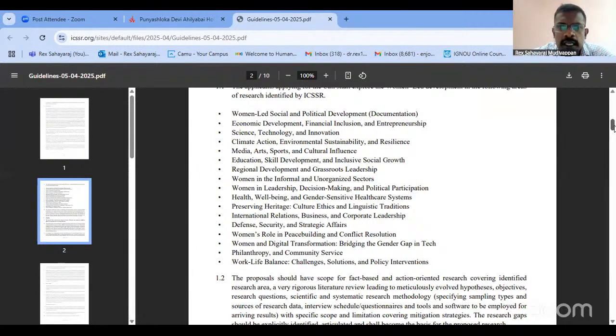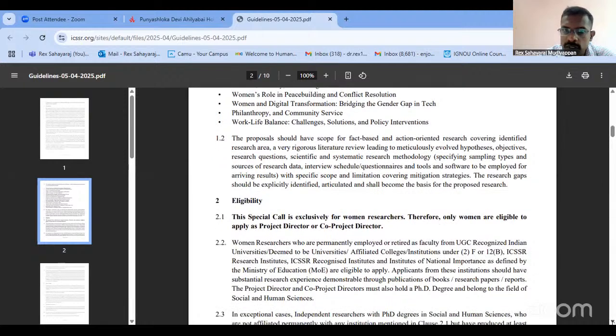The study should be carried out on what women's contribution or women's experience is in it. All right. So they need to study women's contribution or involvement in almost 15 or 17 areas which they have called for. You see here how they have to frame the methodology, right?